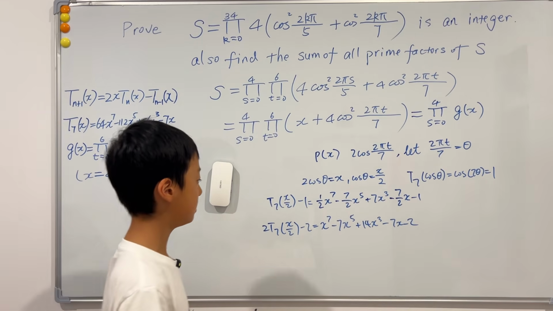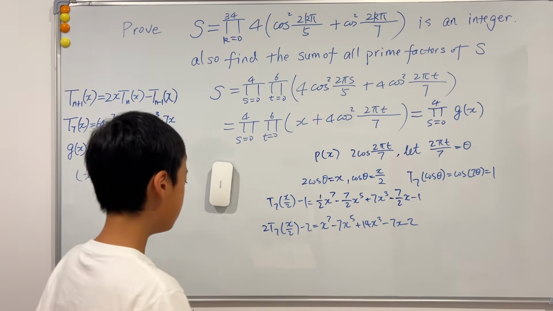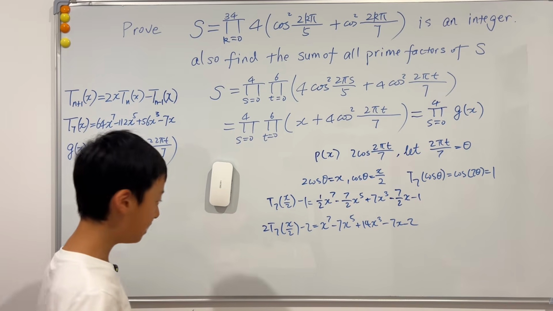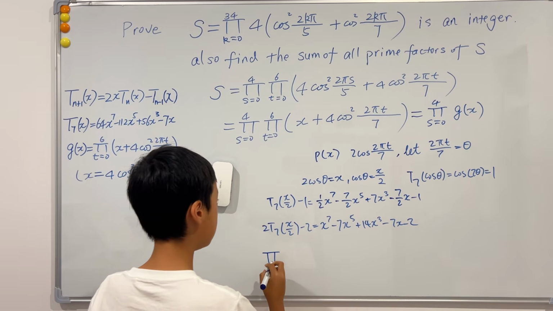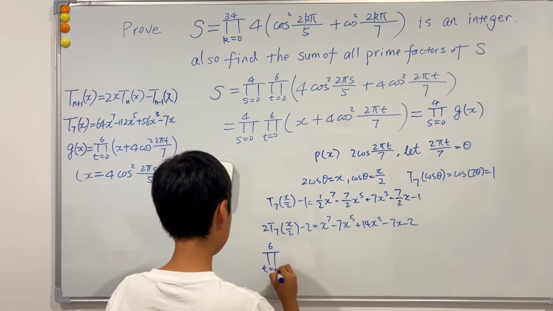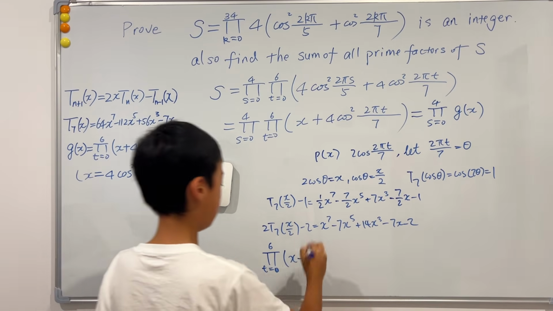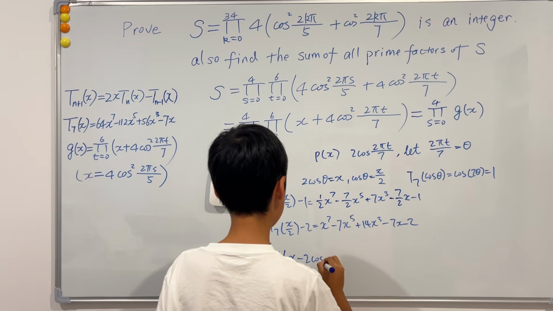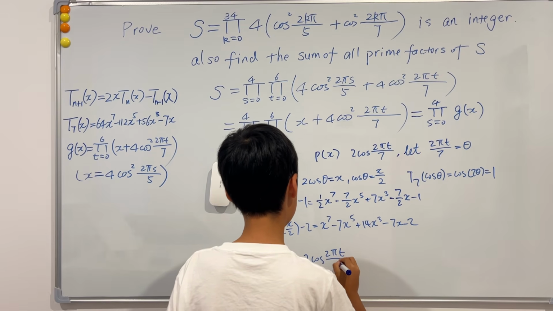Because of this, we can easily write this in capital Pi notation. So I'll write this on the left-hand side instead. It becomes capital Pi when t goes from 0 to 6 of x minus 2 cosine 2 pi t over 7.